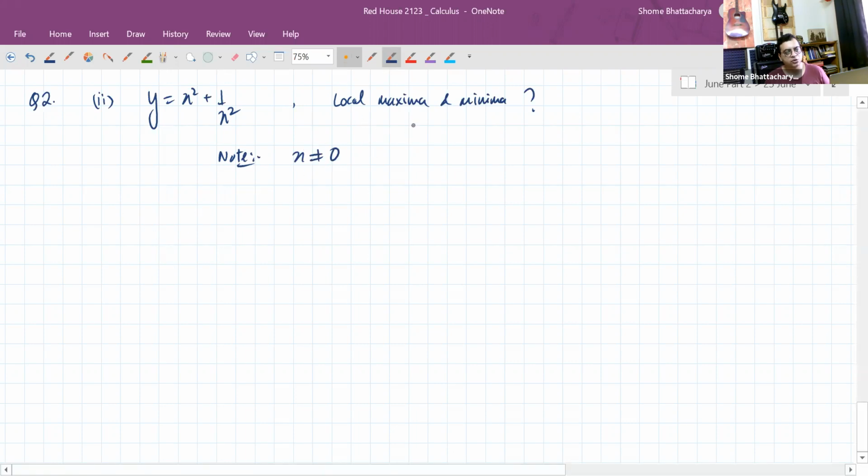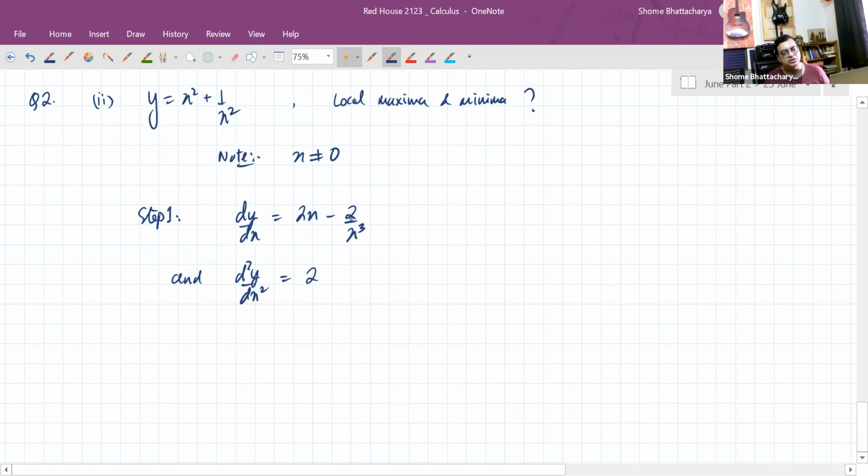Okay, that's just one thing to observe over here. So anyway, let's start with local maxima and minima. Step 1, as we've seen, is calculation of the derivative, which will be this, and the second derivative, for which we have to differentiate this.